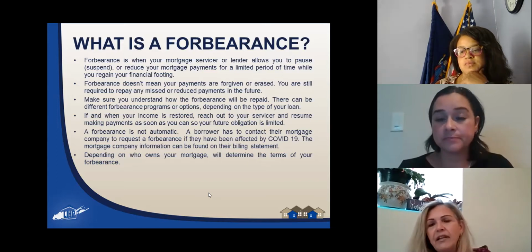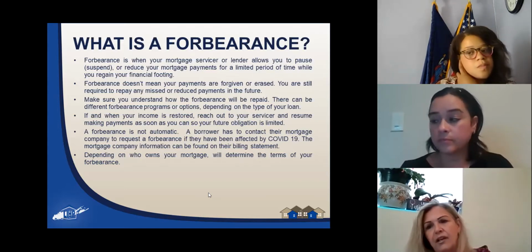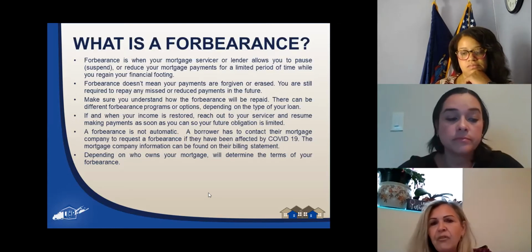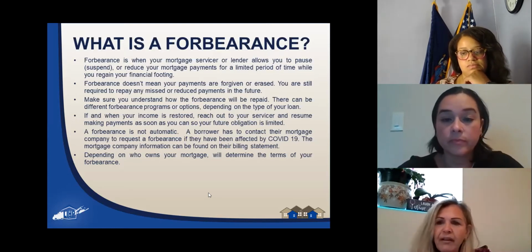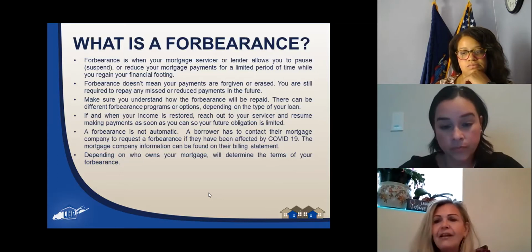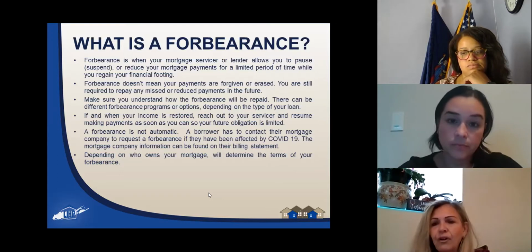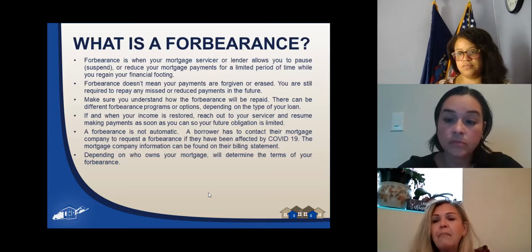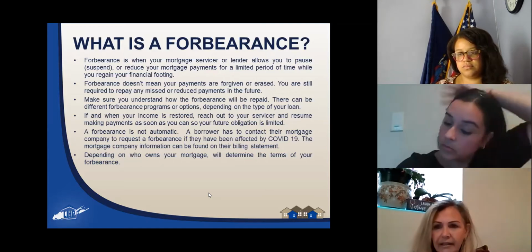Right now, everybody's getting the 60 days or the 90 days forbearance. When they explain what the forbearance is going to entail, some of them are telling them, well, you're going to have to repay this. They're just not telling them that, no, you don't have to come up with a lump sum. Some that are not FHA, if you have your taxes and your insurance being taken out, they might just take that and say, all right, guys, you owe us $3,000 that we have paid out for you in taxes and insurance.